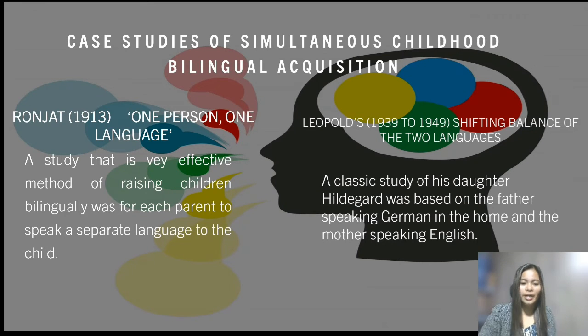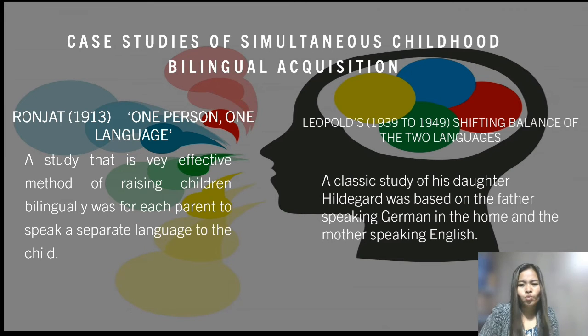to the child. But the most detailed case study is still Leopold's study, one important aspect of which is the shifting balance of two languages in childhood of his daughter. His study is about his daughter Hildegard and based on the father speaking German in the home and the mother speaking English.